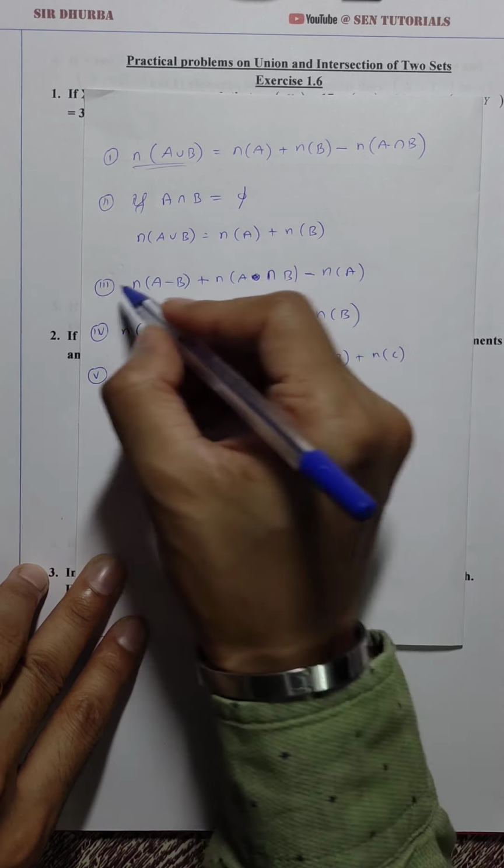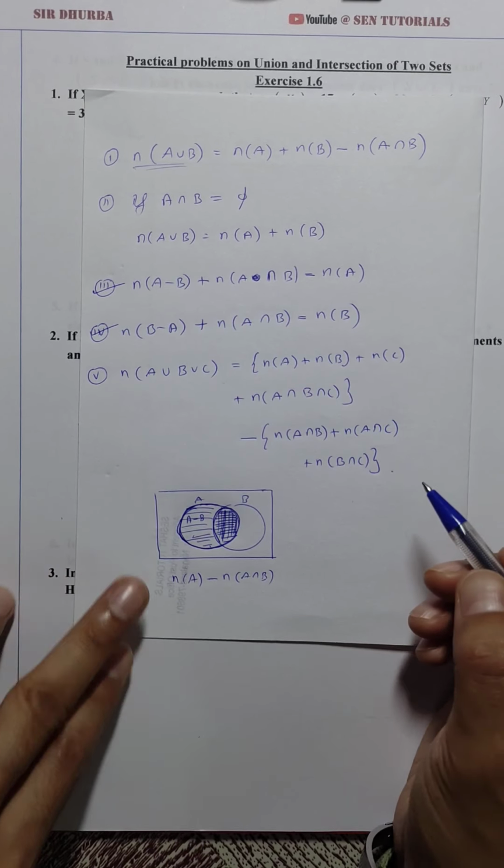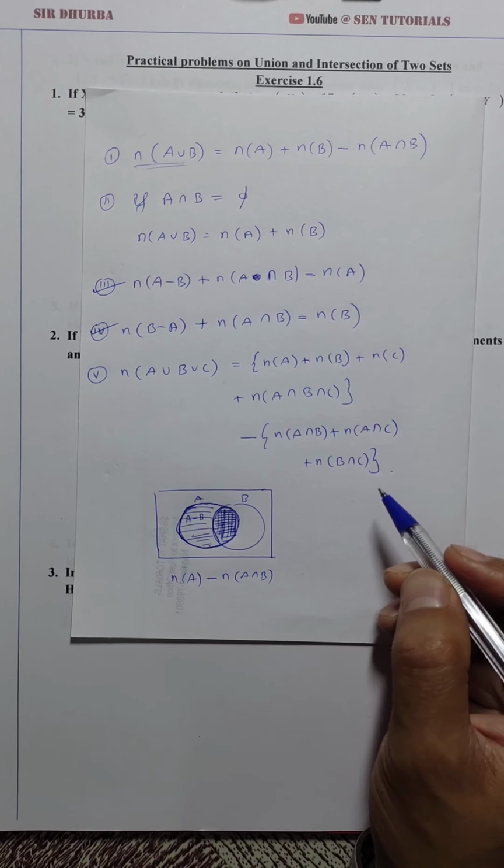So that would be only A. That is defined here in numbers 3 and 4, so we will be requiring these important applications also.